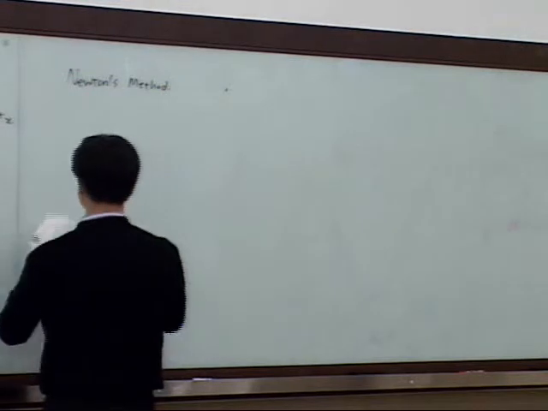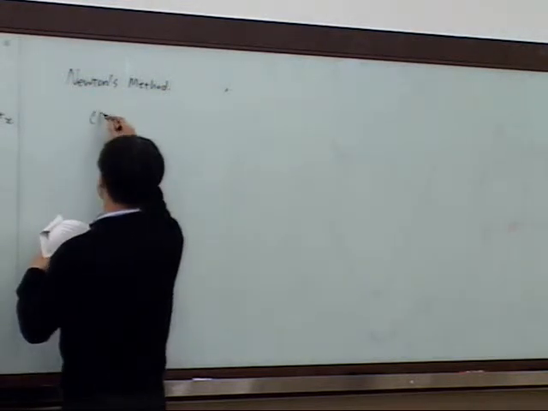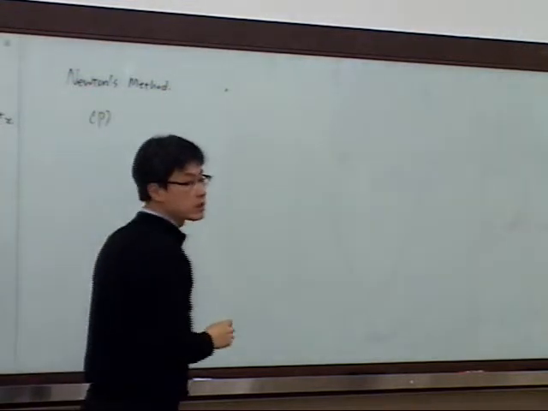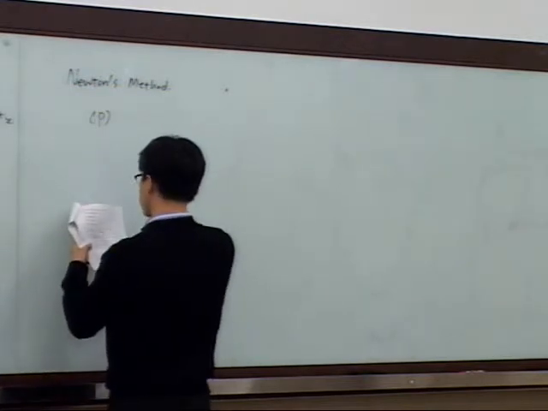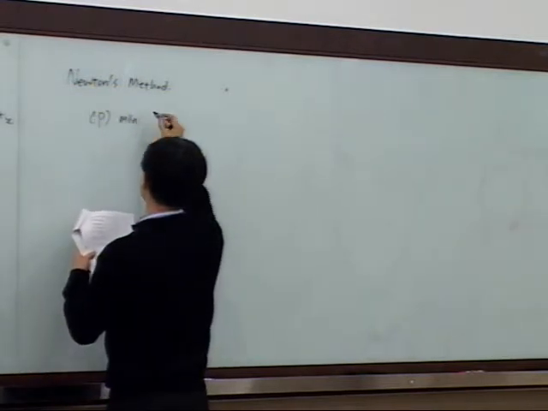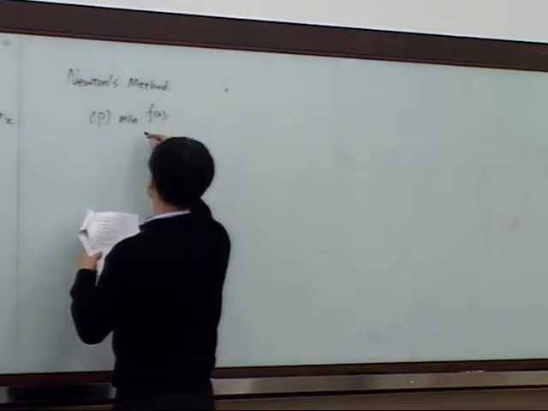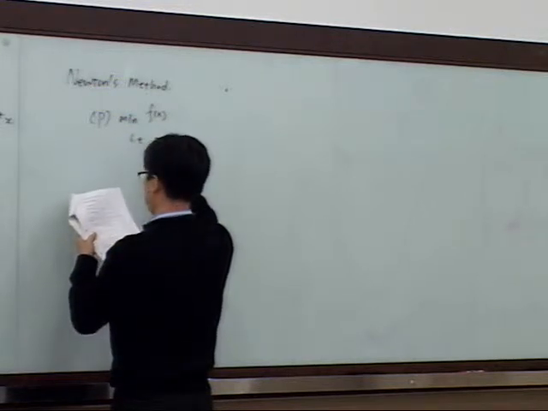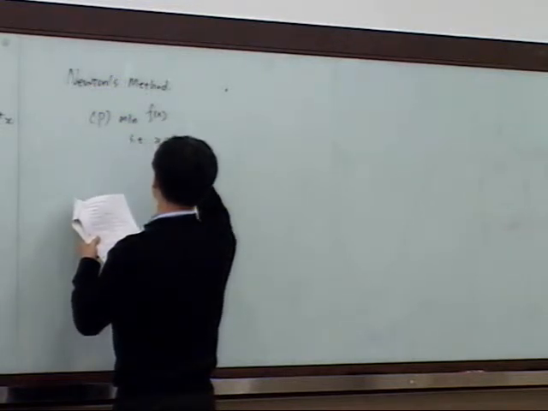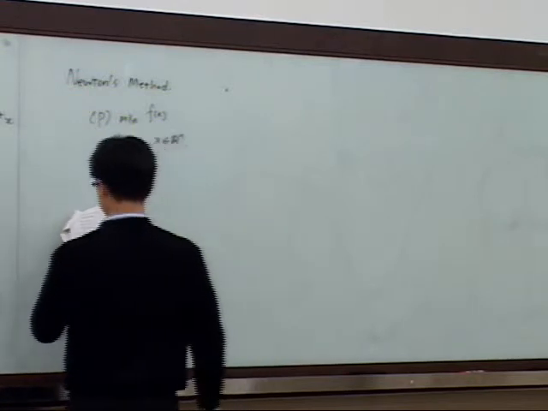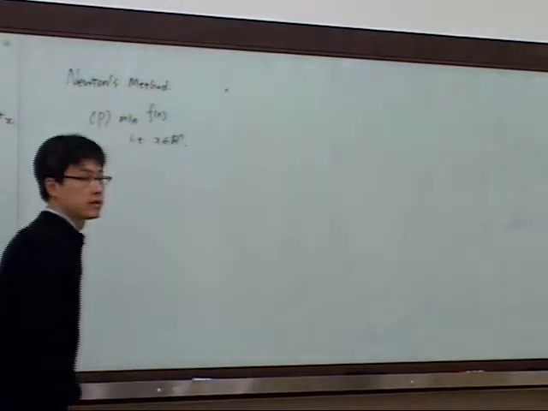Okay, let's go back to the basics. Assume there is a problem P, unconstrained optimization, in the form of such that, right?